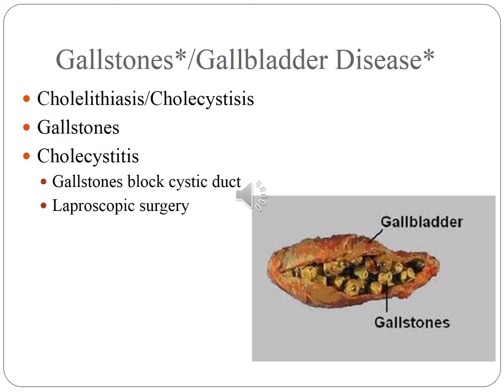So these little stones end up forming in the gallbladder. If they happen to block the cystic duct, you could end up with cholecystitis or gallbladder disease, where the gallbladder gets inflamed. And usually the way they correct this is through laparoscopic surgery. They do a scope and they go and remove the blockage.